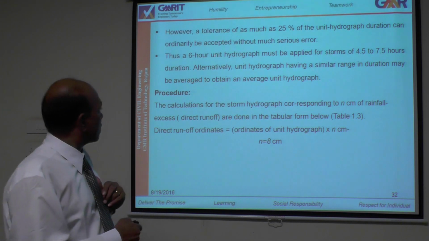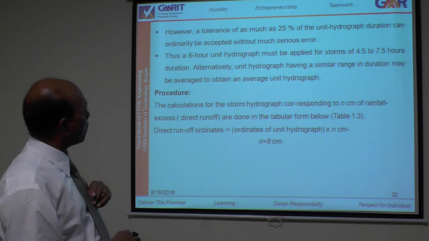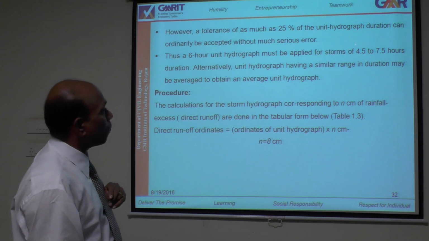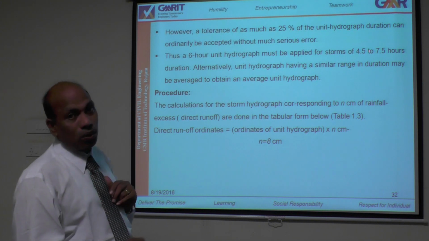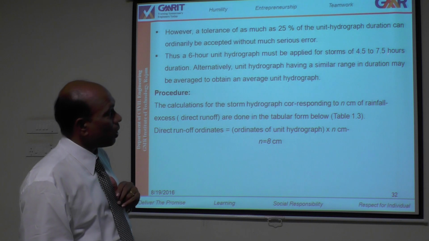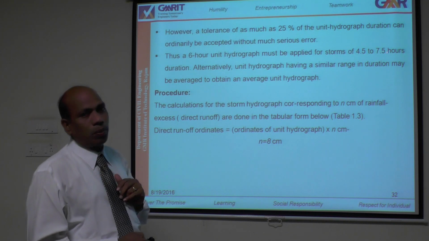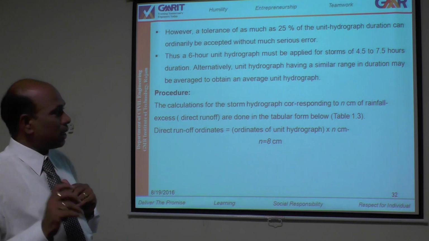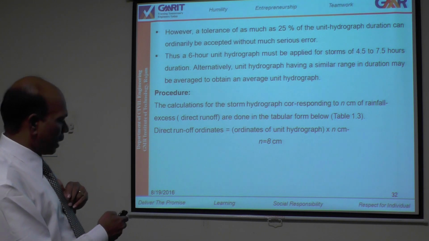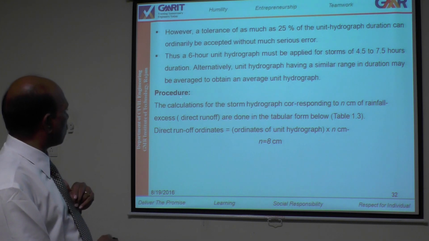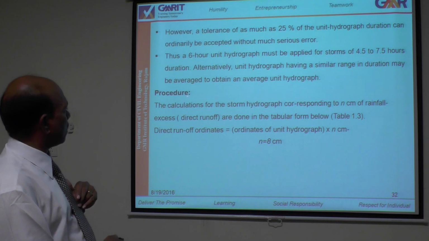So the 6 hour unit hydrograph can be used for the construction of a 4.5 hour storm hydrograph and also a 7.5 hour storm hydrograph. This is the tolerance, no problem. Okay, is it clear?